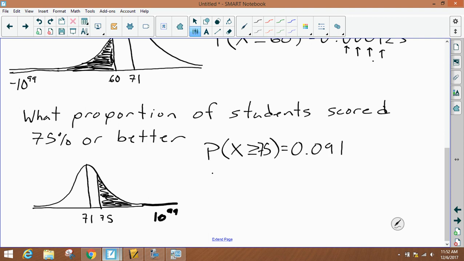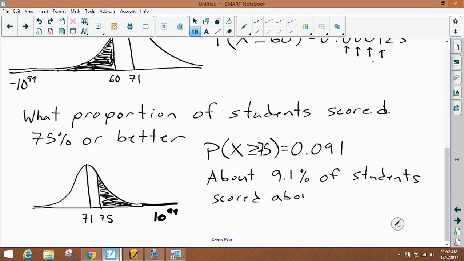Or you could say, in terms of a sentence, about 9.1% of students scored above 75.